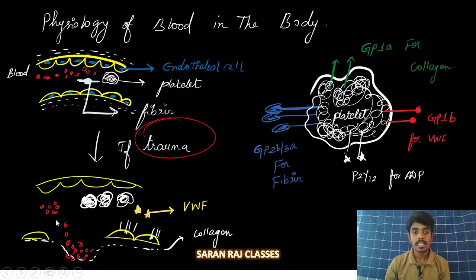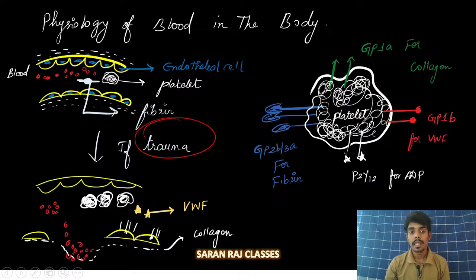In these cases, the platelets flowing through the blood vessels come in contact with the tissue target sites. Here we have the collagen. The platelets move into the target sites. At the same time, the endothelial cells liberate some factors known as von Willebrand factors, and these factors also come to the target sites.